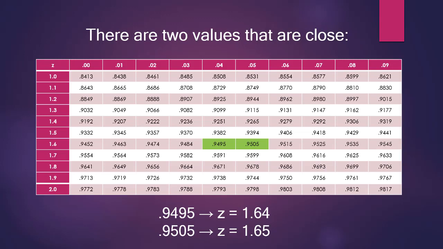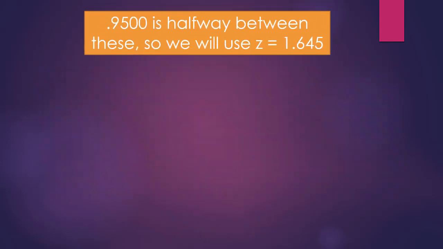And again, if you have trouble doing that, you can always put zeros at the end of those decimals and it makes it a little easier. If you put a 0 at the end of each one, it's 1.640, 1.650, so you can think of it as 1640 and 1650. And halfway between 1640 and 1650 is 1645. So we're looking up z equals 1.645.